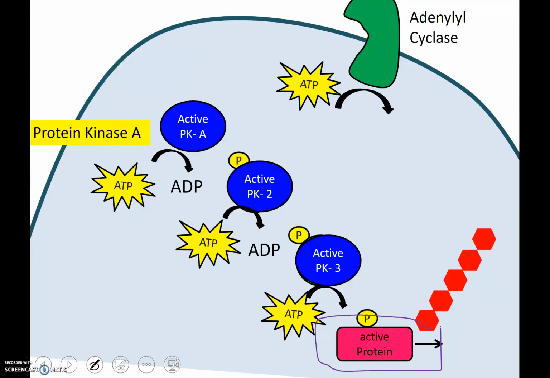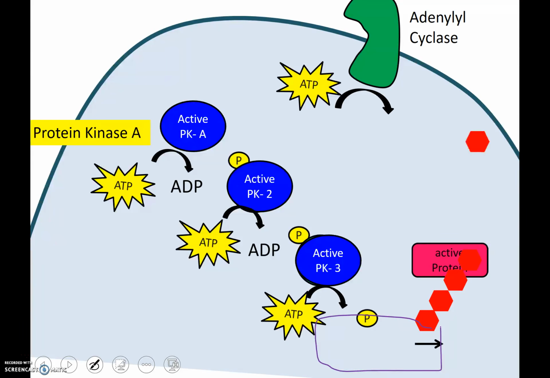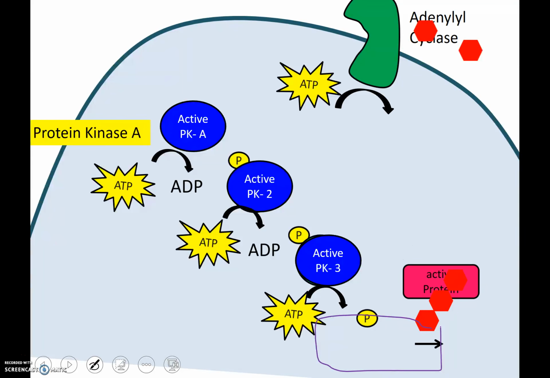It would make sense that in the fight or flight response, this active protein is an enzyme that's going to do hydrolysis and break the bonds of that glycogen molecule, increasing blood sugar. So in this example, the cell response is to increase blood sugar to make sure you have enough energy in that fight or flight response.